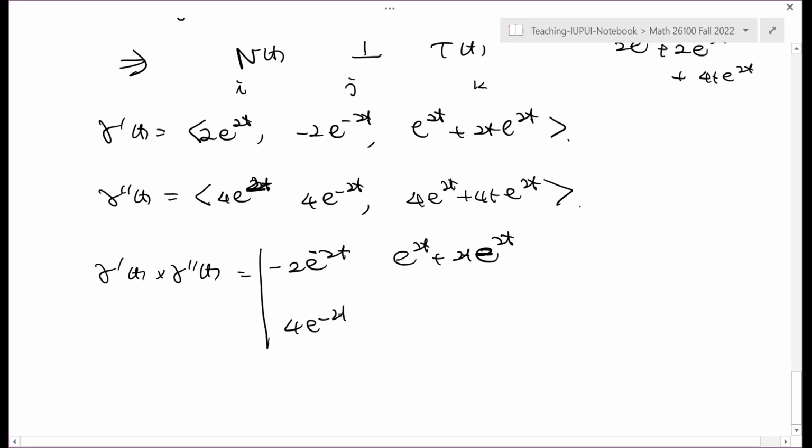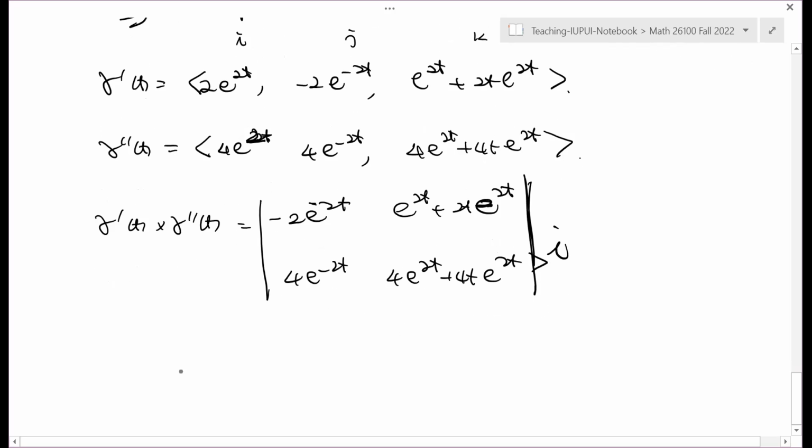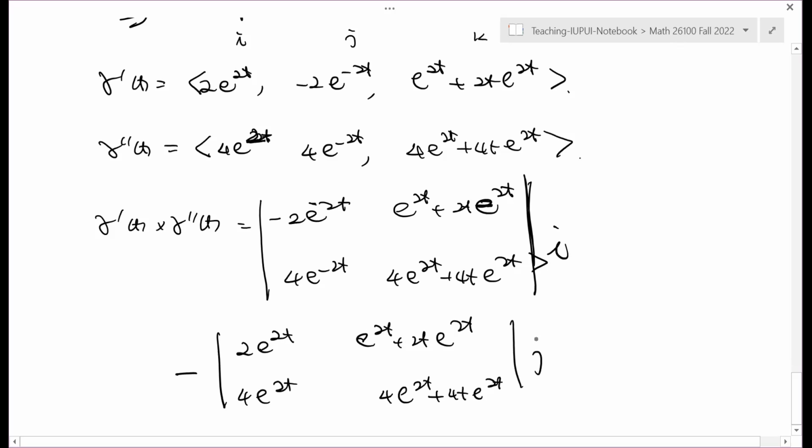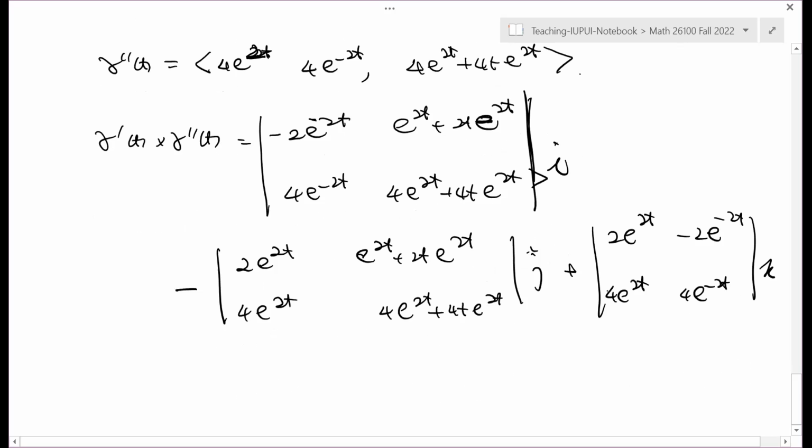That's the I. J is the first column, last column, and put the J here. And K, and K. Now I hope we are able to simplify it.